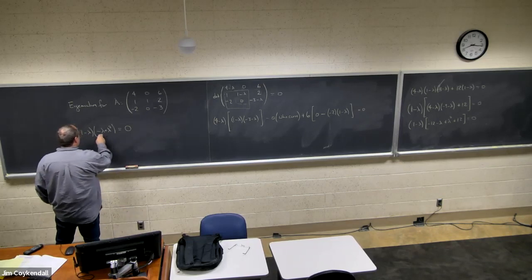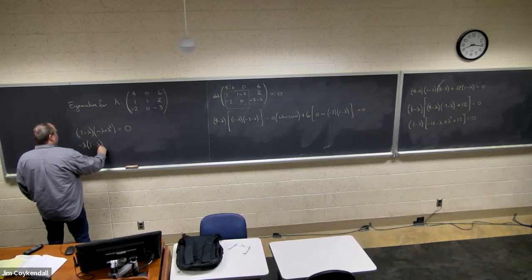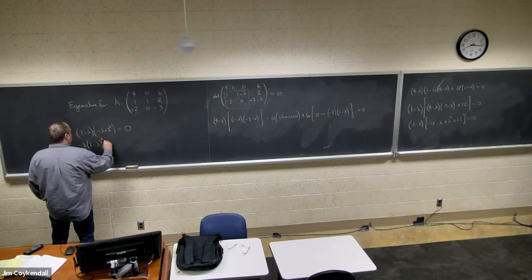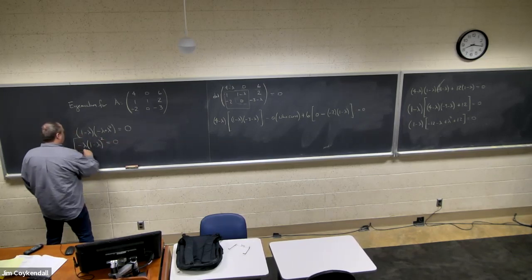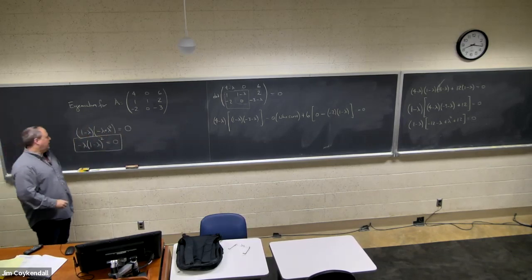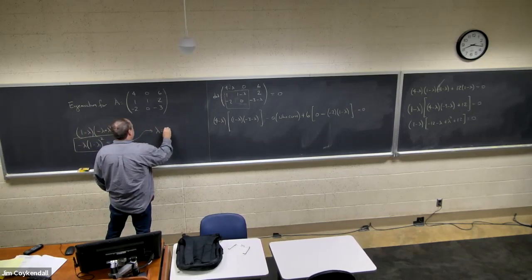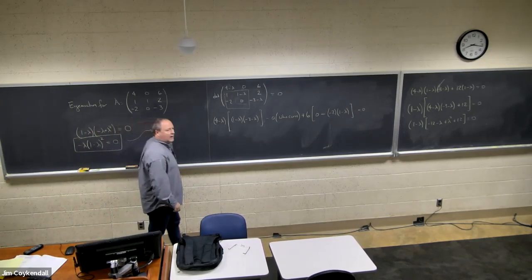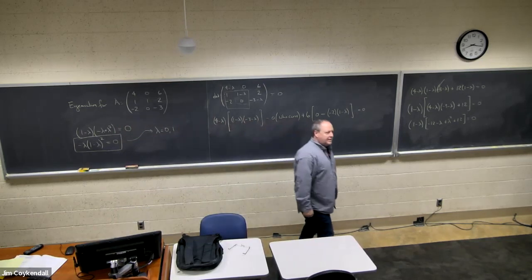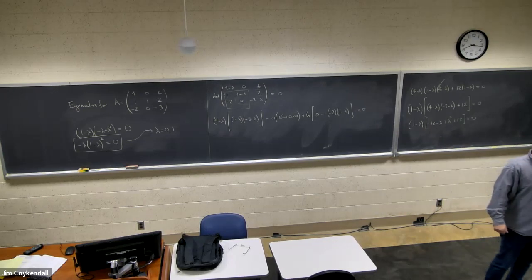I'm going to pull a negative lambda out of this. That makes it easy for me to pick my roots out. So actually I get 2 eigenvalues. I got lambda equals 0. I also got lambda equals 1 with multiplicity 2.